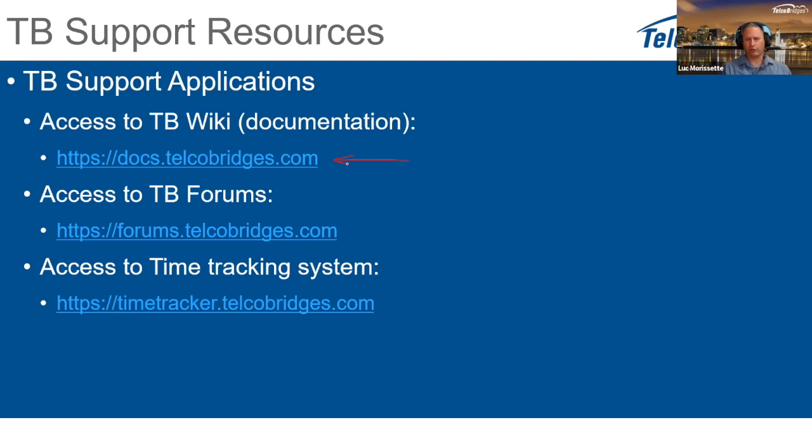You can see which features were added in which versions. We also have the TelcoBridges forums, where you may want to ask for access. There are some questions being asked there, and the latest versions are shown here as well. If you get the 9 to 5 professional services, we sell those per hour, so you can have access to our time tracking system.